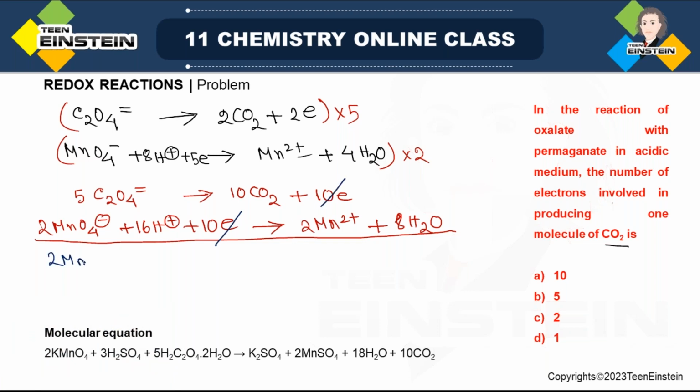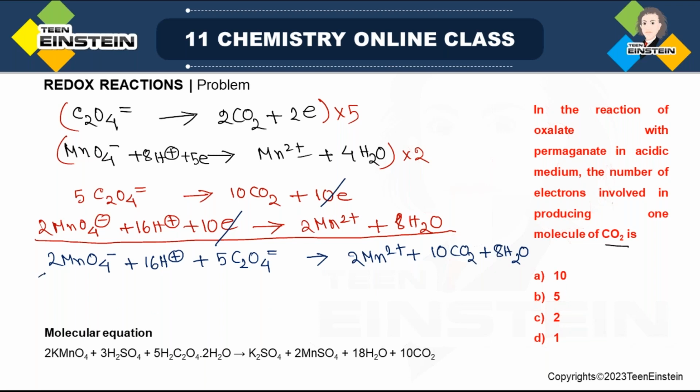So finally we are getting 2 MnO4 minus plus 16 H plus plus 5 C2O4 2 negative gives 2 Mn2 plus plus 10 CO2 plus 8 H2O. Okay. Now this is the balanced ionic equation, right?